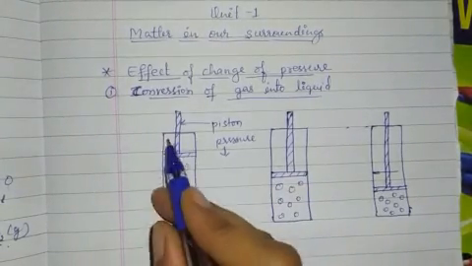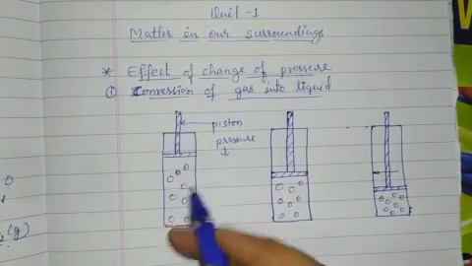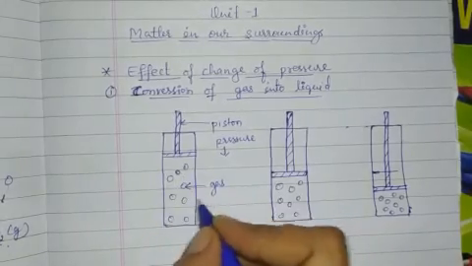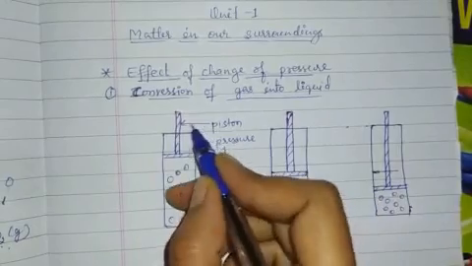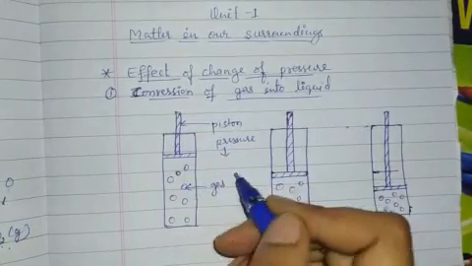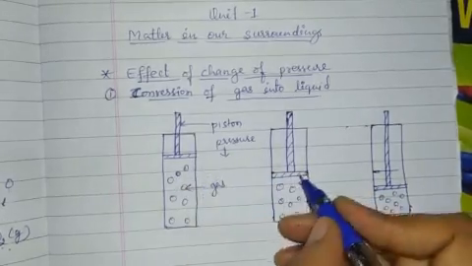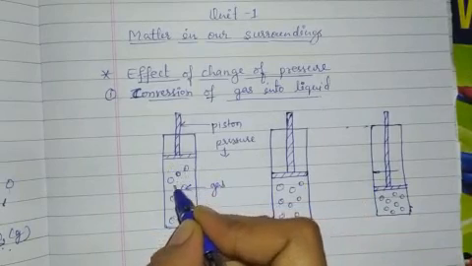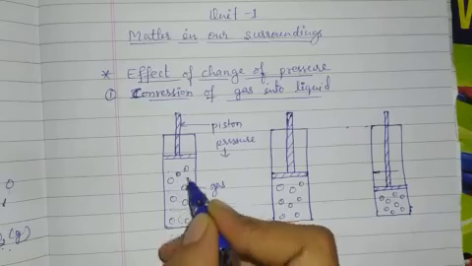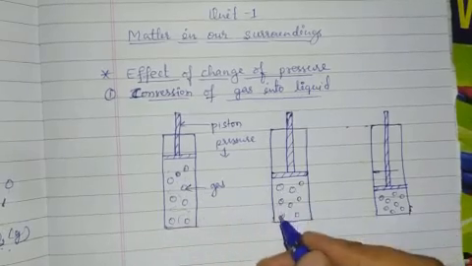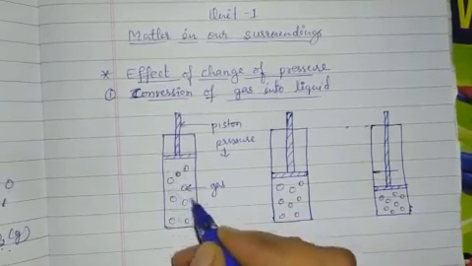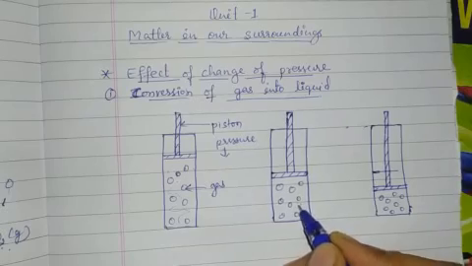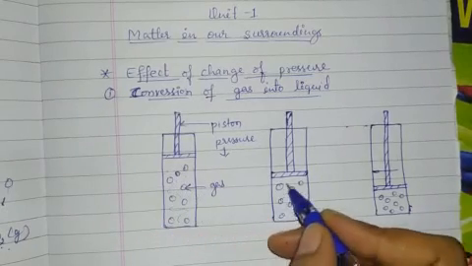In this cylinder, gas is filled. Gaseous molecules are there. By using the piston, we are applying the pressure. As we apply the pressure, the intermolecular space between these gaseous molecules will decrease, and these gaseous molecules will move closer. See here in this diagram, these gaseous molecules have moved close.